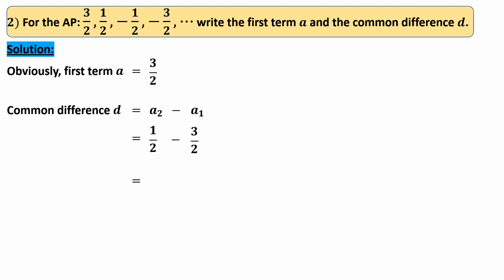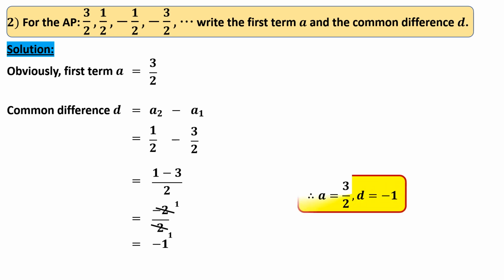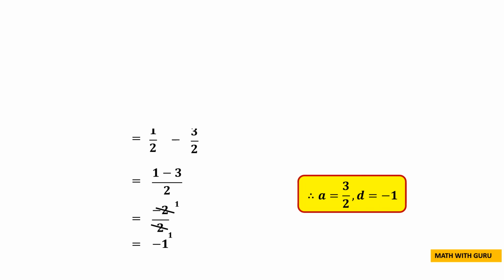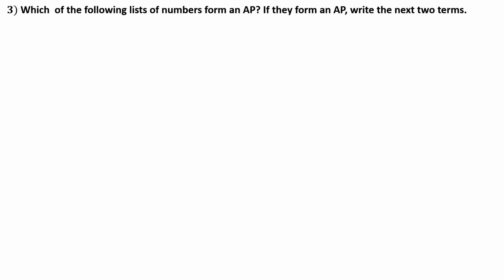Here we have the same denominator. Therefore, 1 minus 3 whole divided by 2, which is equal to minus 2 divided by 2, which equals minus 1. Therefore, a equals 3 halves and d equals minus 1. Let us move on to the next question.